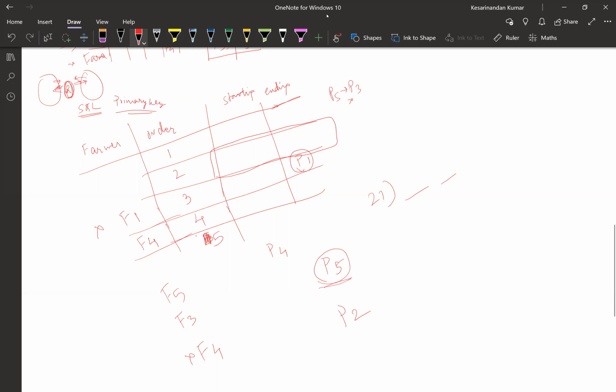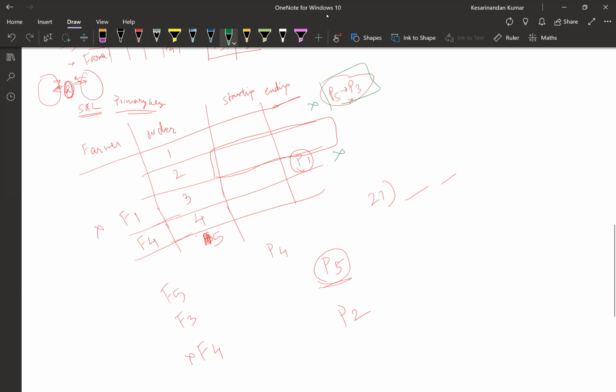Just a second. This will not come here, completely fine. This also. So the points which I can strike out for P5 to P3 are not here, they won't be here. P5 has ended for F3, so wherever F3 comes it is not possible.